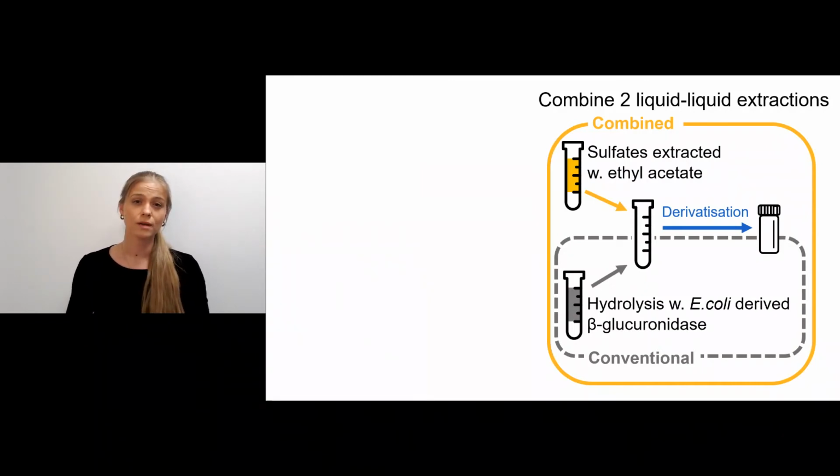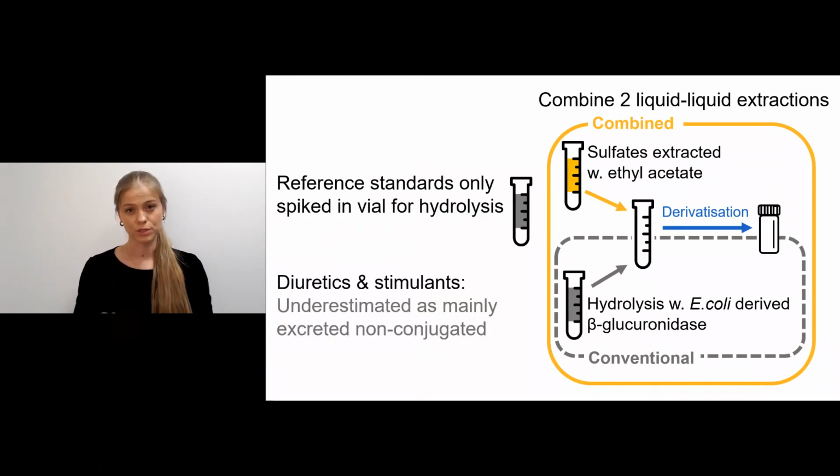So also, when we were determining the lower limit of detection, we decided to only spike the vial intended for hydrolysis with the reference standards, as their availability is mainly in the non-conjugated form. However, this means that actually for compounds that are excreted free, it is an underestimation of the method's capabilities.